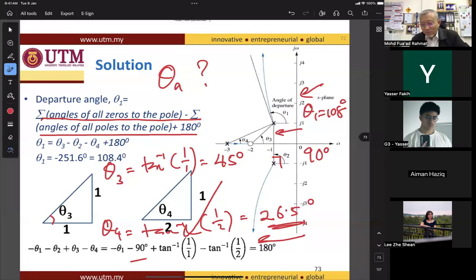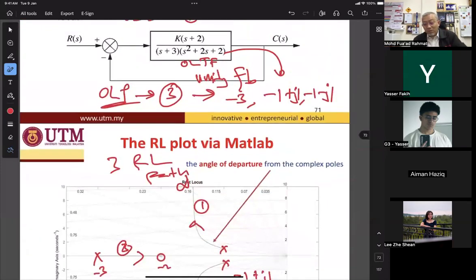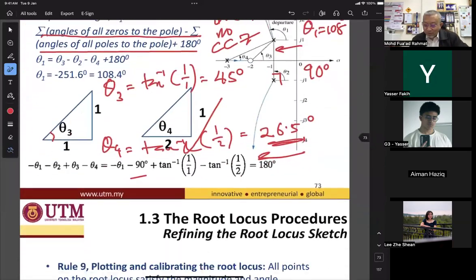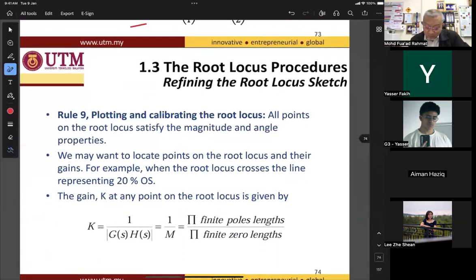Your answer is too long, Miss Lee. I'm afraid your answer is wrong. Theta A is not available due to no complex conjugate zeros. There is no complex conjugate zeros in this case. So that's why theta arrival is not available.